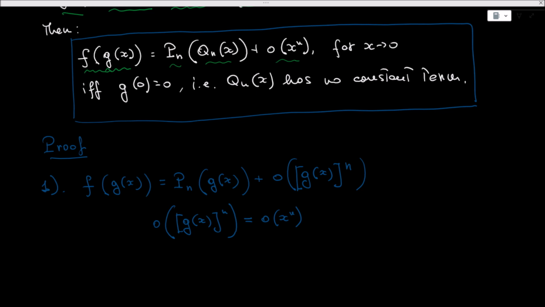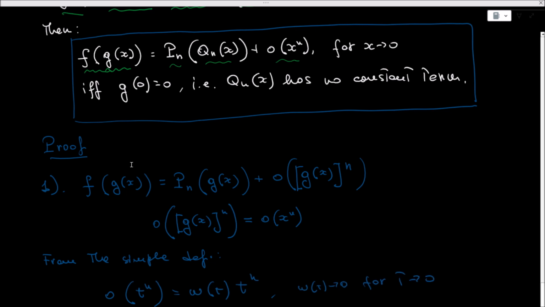To prove this, let's start from the definition. Little o of t to the n is nothing else than omega of t times t to the n, with omega of t that goes to 0 for t that goes to 0.